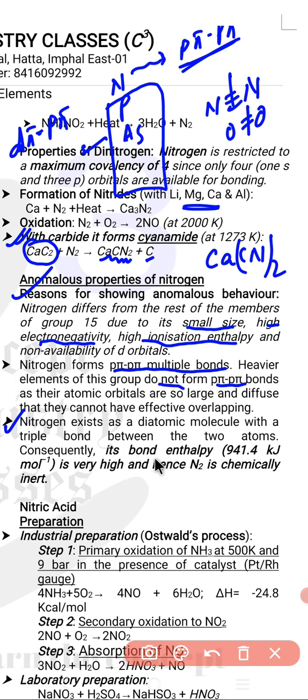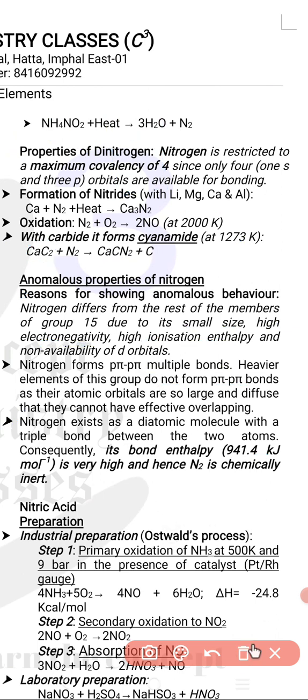Since its bond dissociation enthalpy is very high, it is very difficult to break this bond, so it requires a large amount of energy. So nitrogen is chemically inert, while the rest of the members are not so inert. Okay, these are some properties.